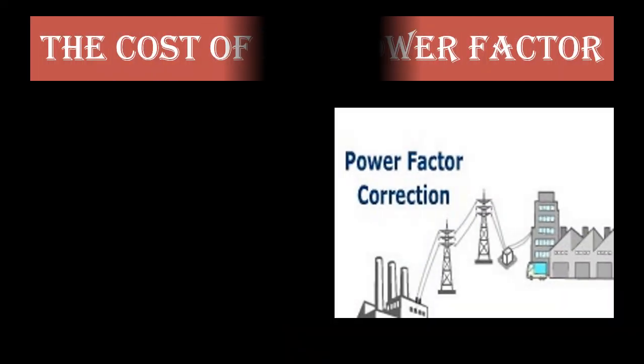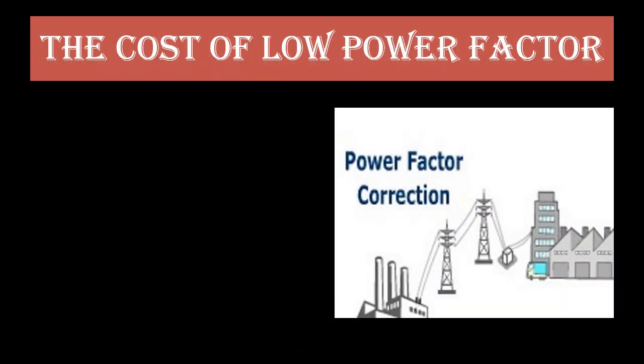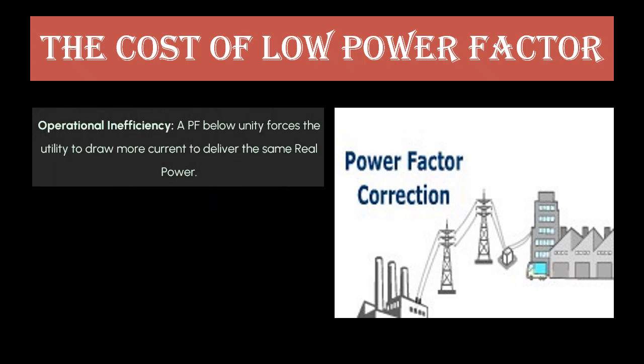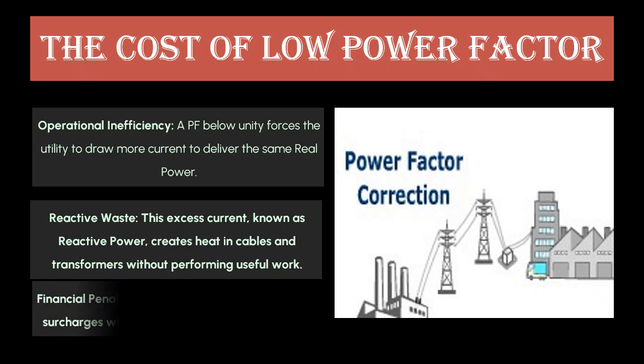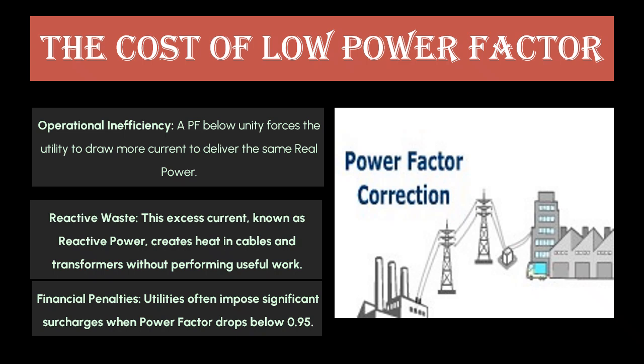The cost of low power factor. When power factor dips below unity, we incur several significant costs. Firstly, it leads to operational inefficiency. The utility must draw more total current to deliver the same amount of useful power. This excess current is known as reactive power. It performs no useful work but generates unnecessary heat in cables, transformers, and switchgear.